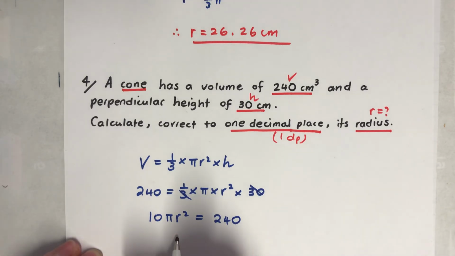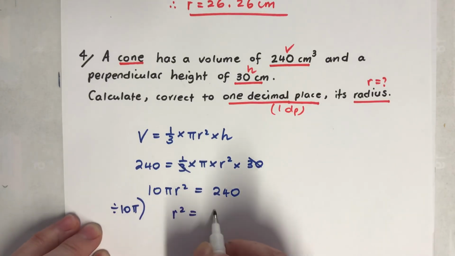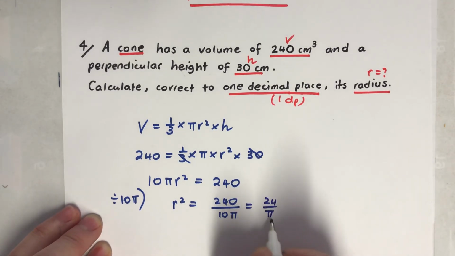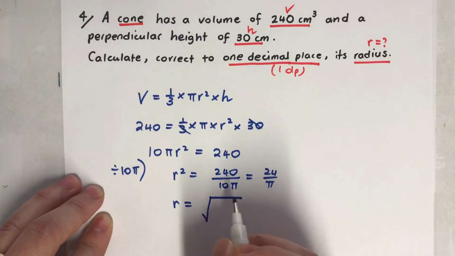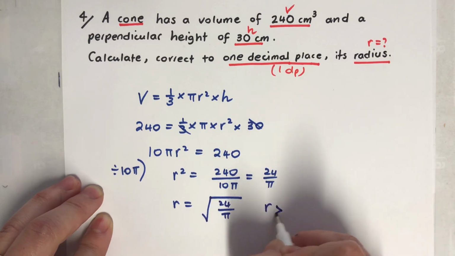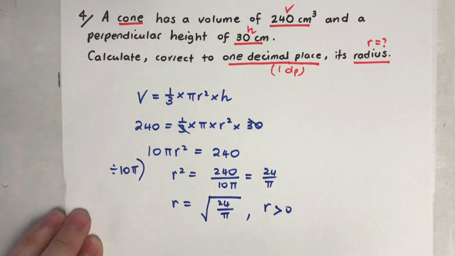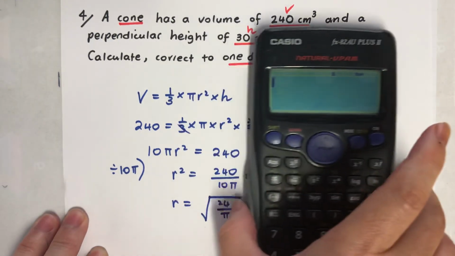Okay, and I'm going to do the same thing as before, previous question. I'm just going to divide by 10 pi. That gives me r squared equals 24/pi. And r equals, you might think it's plus minus, but no, guys, remember that r is bigger than 0 because it's the actual distance and lengths don't have negatives. So I'm going to show you again, clear that.